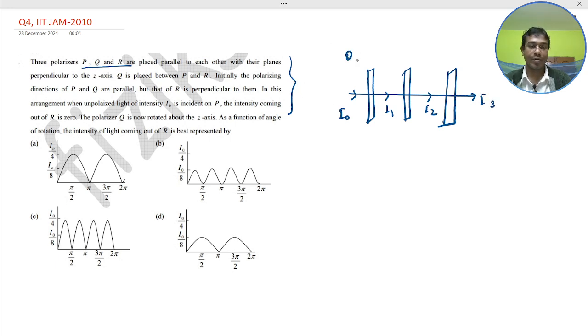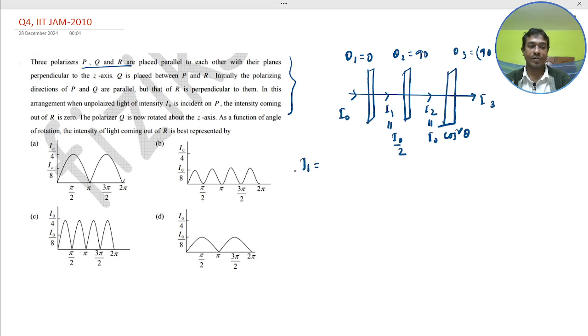Here theta 1 is at 0, theta 2 is at 90. You just go through the questions, and here the 90 minus theta. So by the Malus law, we just know here that I1 means the I naught by 2, and this would become I naught cos square theta.